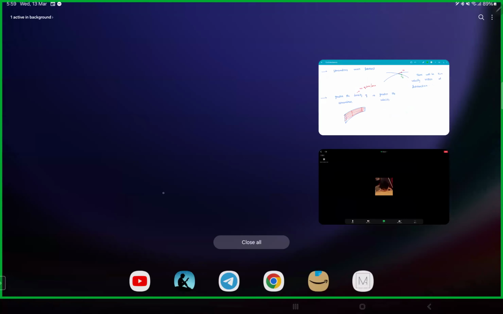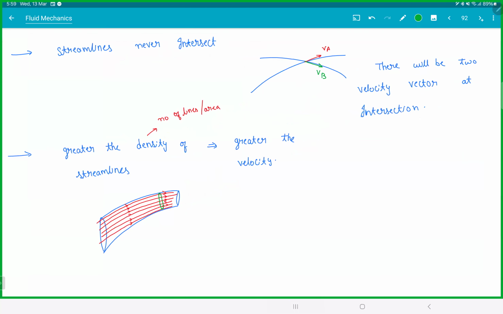So if you look at this point here, if you take this point B and this point A, I didn't draw it properly actually. There's a small area and a big area, and the number of lines is the same.